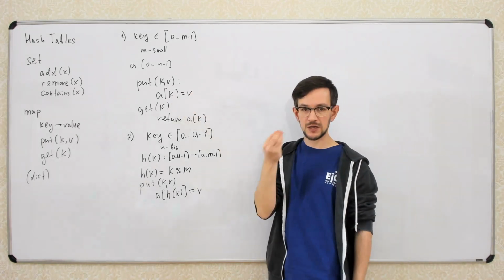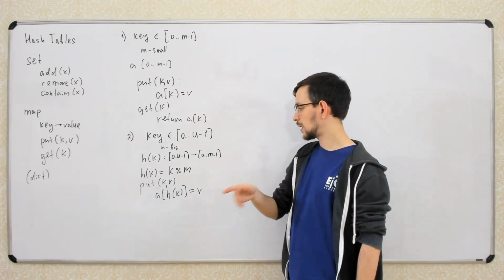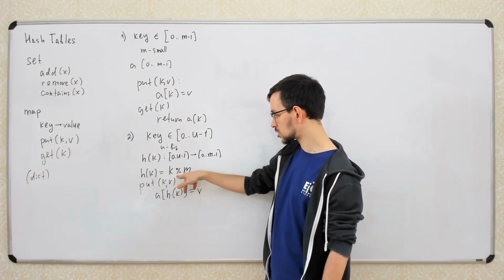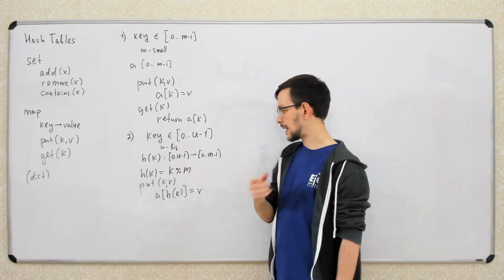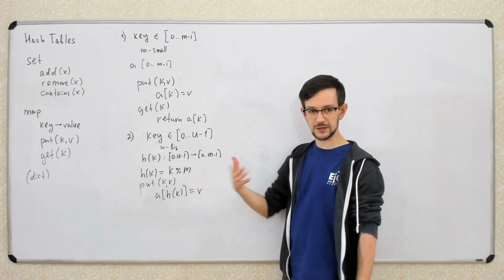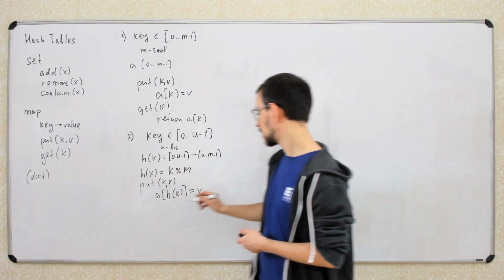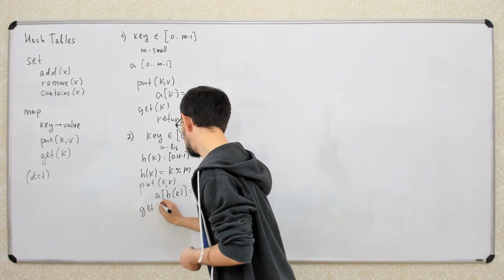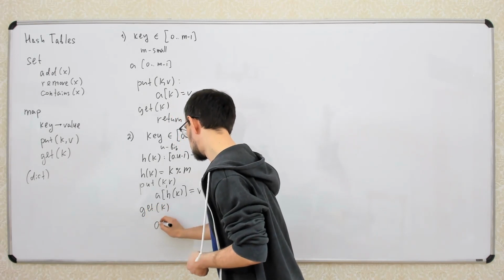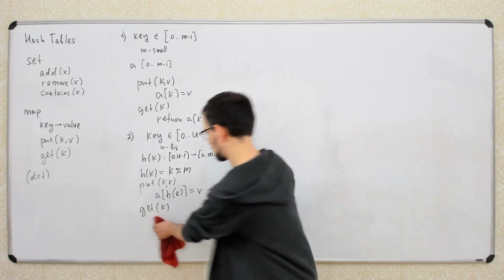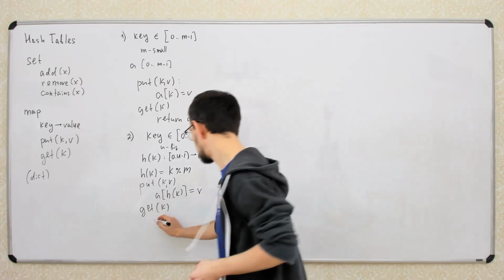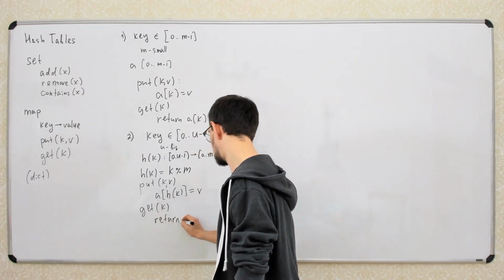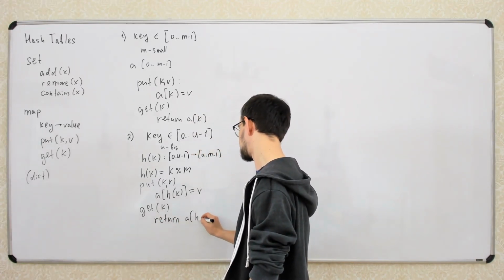Here the key is small, so we use this key as an index. And here the key is big, so we calculate this function, get a small number, and use this small number as an index in this array. And when we calculate get(k), we just return the value from the same index.